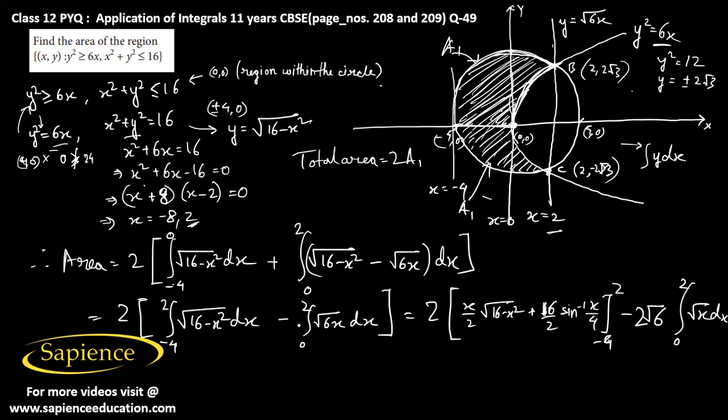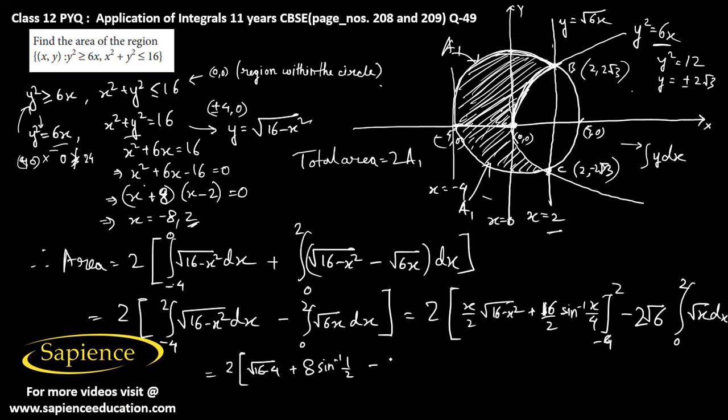Since it's 2 times this, we have to take 2 root 6. So this will be 2 times, suppose if we put 2 here, then it will be 2 by 2, that is 1, times root over 16 minus 4, plus 16 by 2, that is 8, times sine inverse 2 by 4, that is 1 by 2.